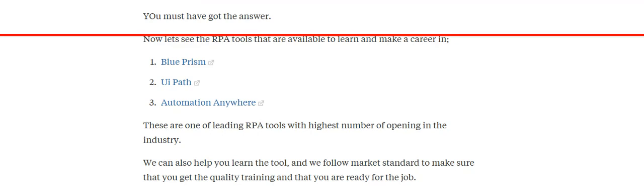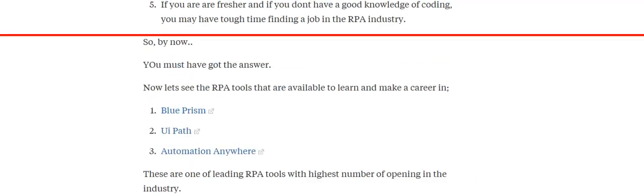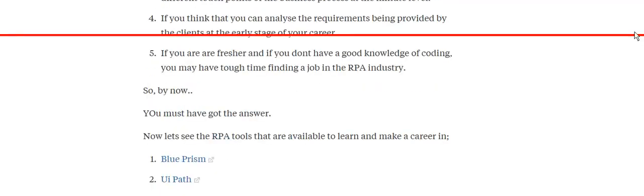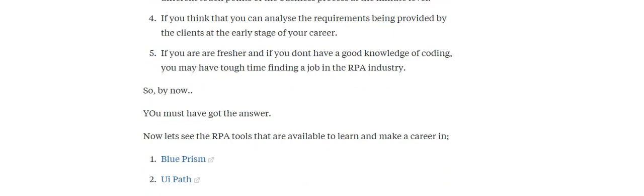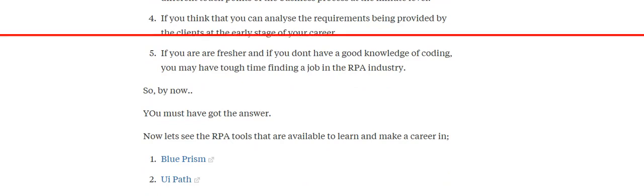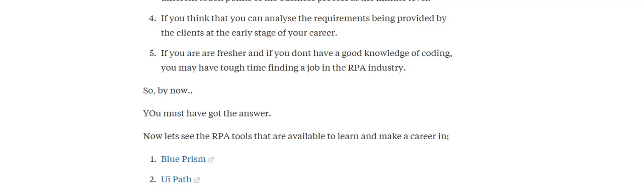For UiPath you can get a lot of free tools and free videos to learn from and jump on it. For Blue Prism you cannot get as much as UiPath, but anyway you can learn and jump on it.